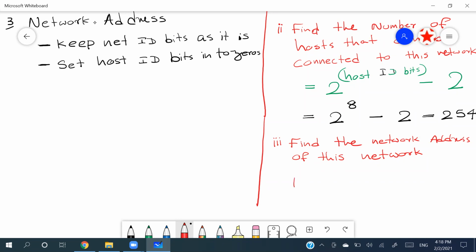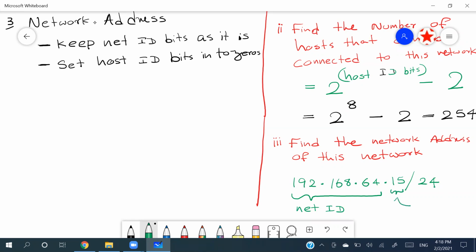Our IP address is 192.168.64.15/24. So this 24 indicates that up to this point it is net ID, and from this point onwards it is the host ID.